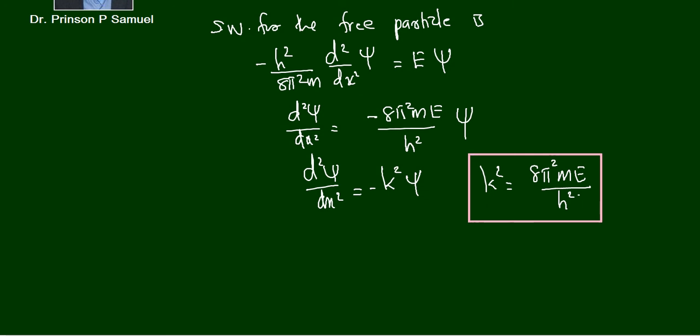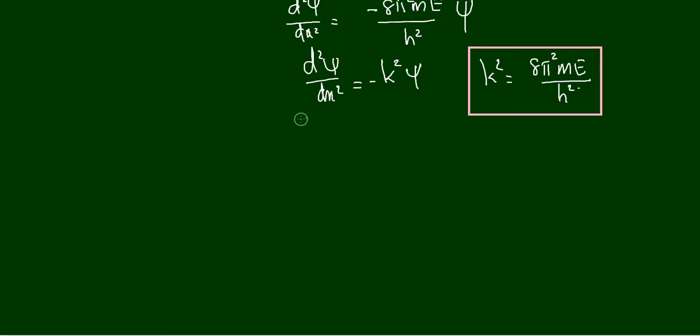If I rearrange this equation further, I can write d square psi by dx square plus k square psi is equal to 0. This is a second order differential equation, and the general solution of a second order differential equation of this type is psi equal to, so this is in the standard format now.